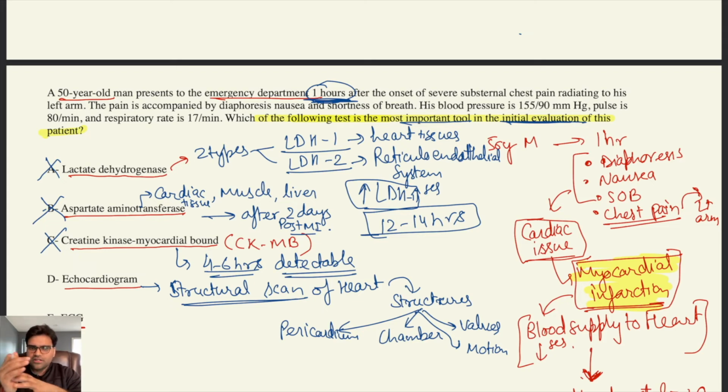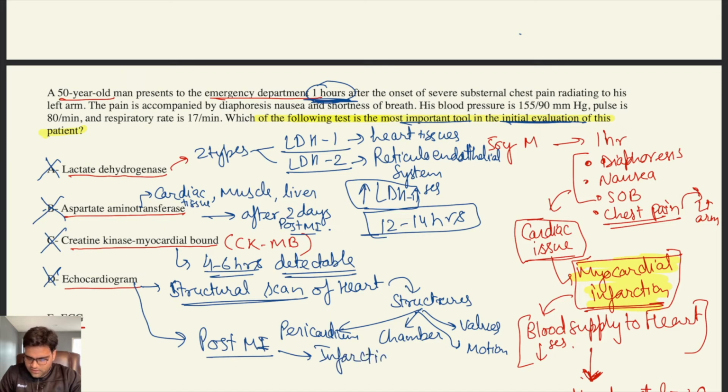So initially we don't do this test, because that's not a very sensitive test for initial evaluation of a person with MI. We do it later on, because in the post MI phase the heart develops infarction, and infarction means there should be an edema and wall motion changes.